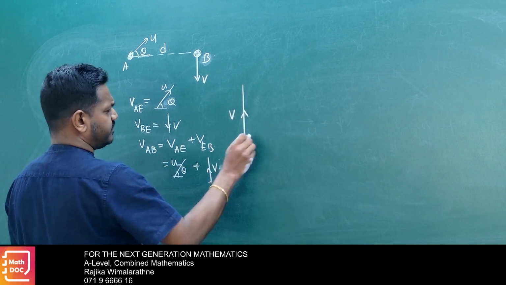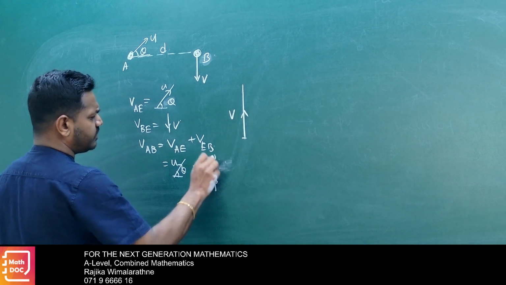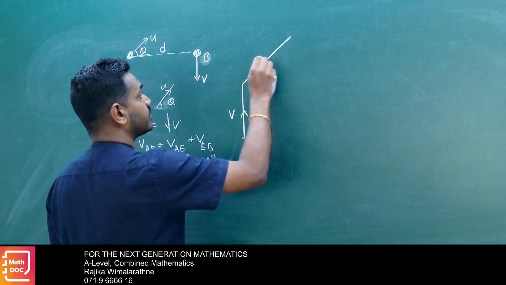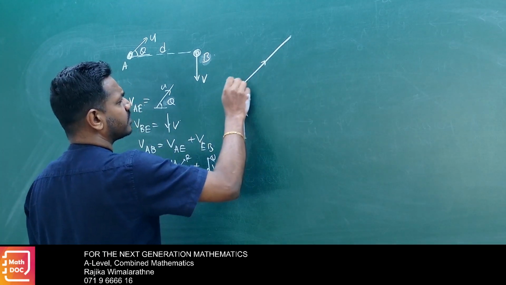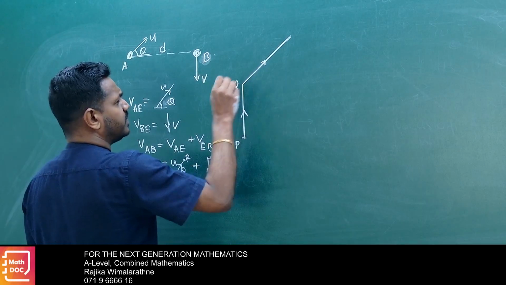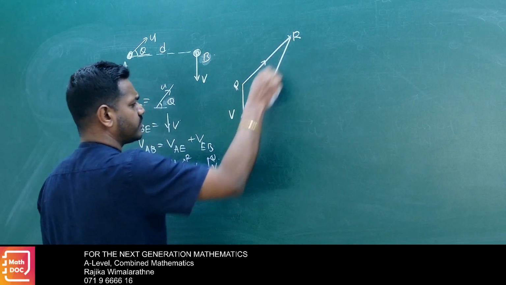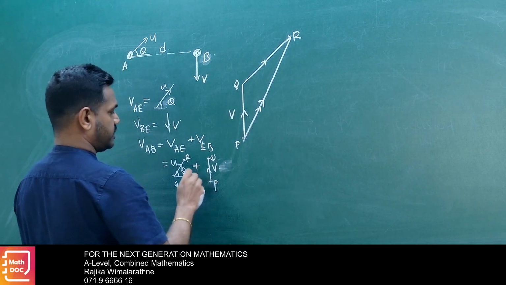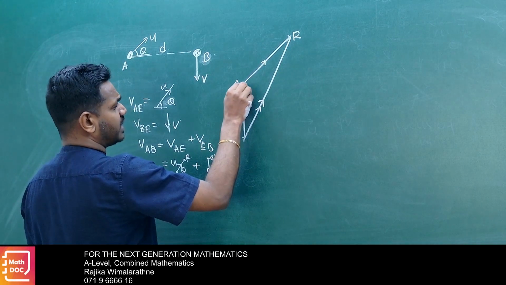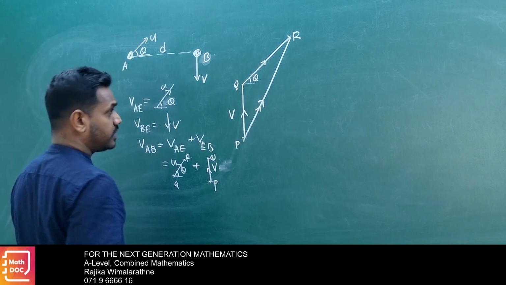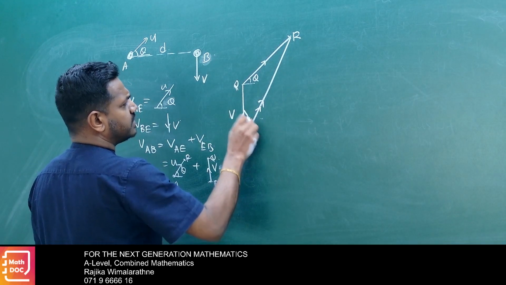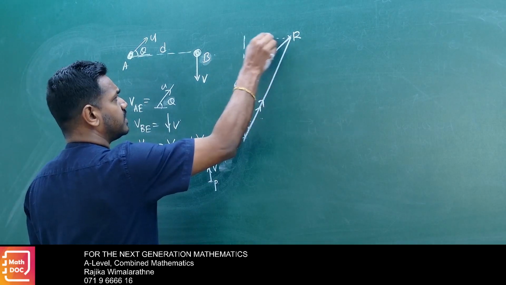Here this is V, say PQ, here QR, PQR. Then here the resultant, at angle theta to the horizontal. To find PR, we can easily use the Pythagorean theorem.